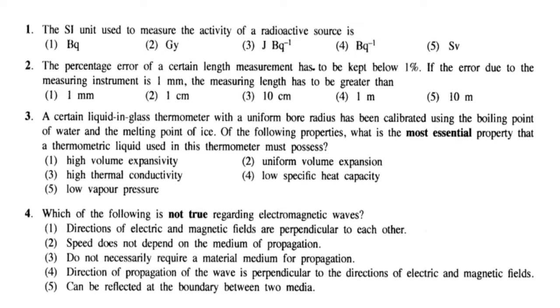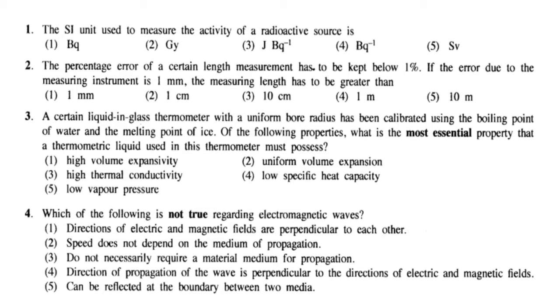Question number 3. A certain liquid in glass thermometer has been calibrated using the boiling point of water and the melting point of ice. And the bore radius is also uniform. They have been given some properties of this thermometric liquid, and they are asking for the most essential property that this liquid should possess.